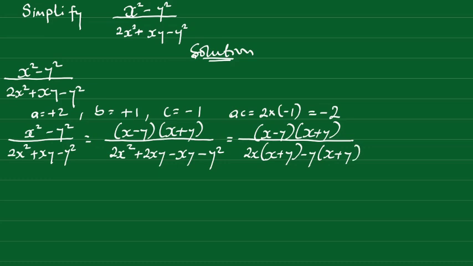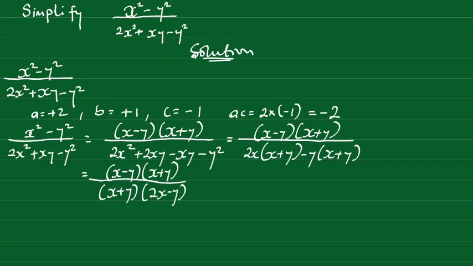Continue right down here with our solving, and we have (x − y)(x + y), all divided by, at our denominator, we have (x + y)(2x − y). So we have (x + y) at our numerator, which cancels out (x + y) at our denominator.